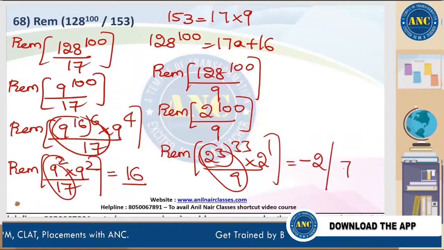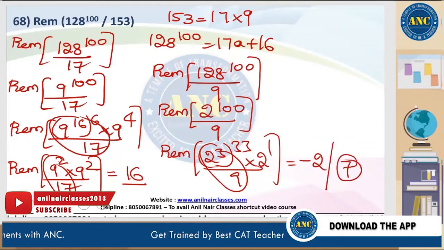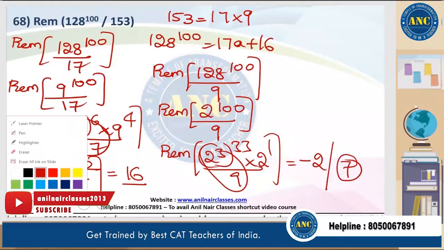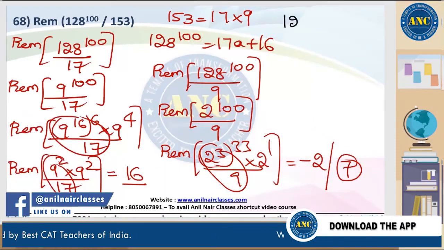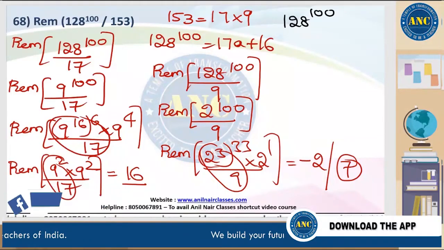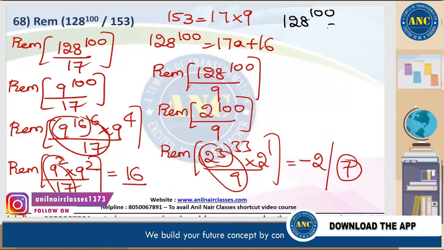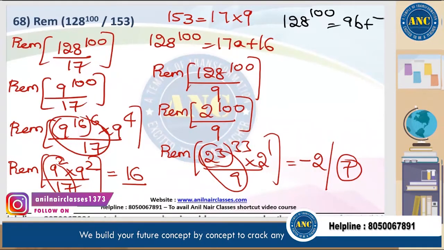Minus 2 is the negative remainder; the positive remainder is 7. So 128 power 100 when divided by 9, remainder will be 7.